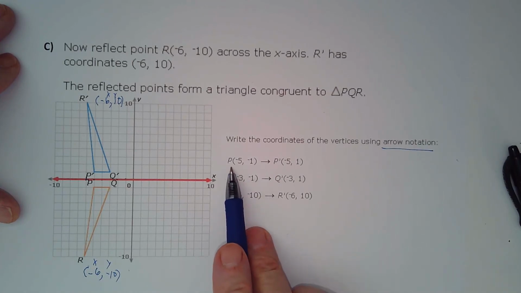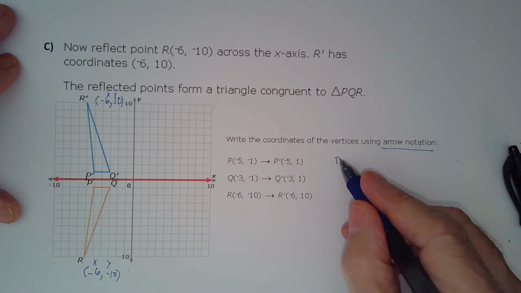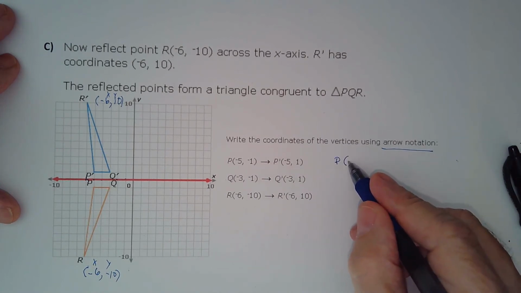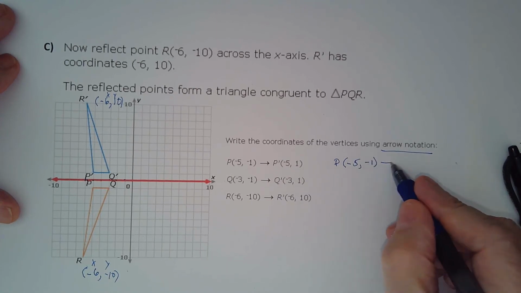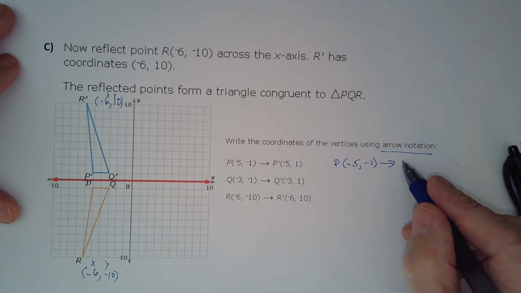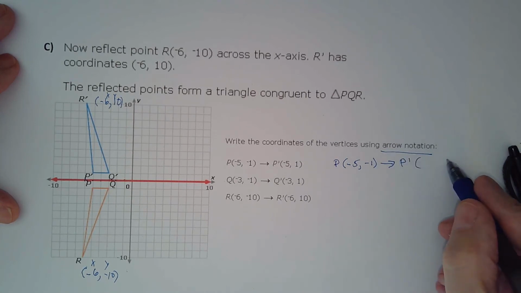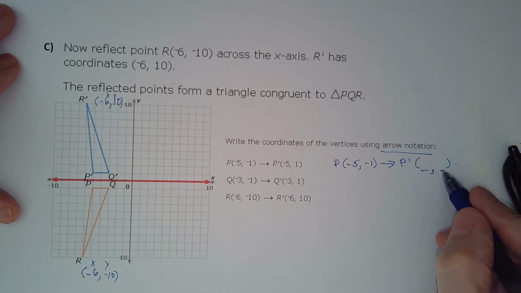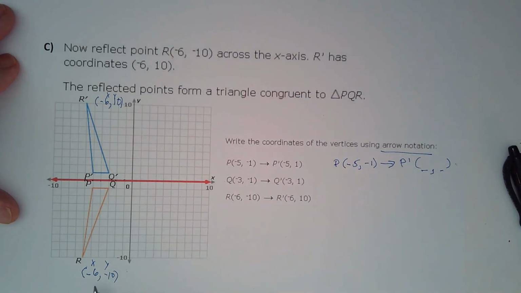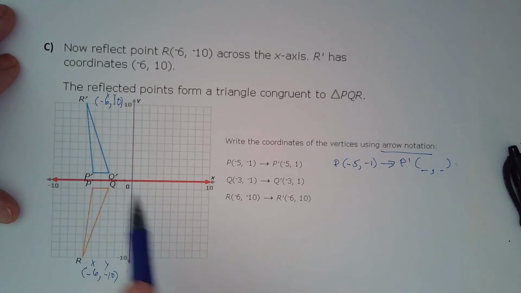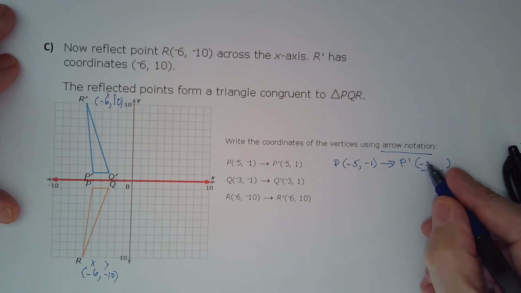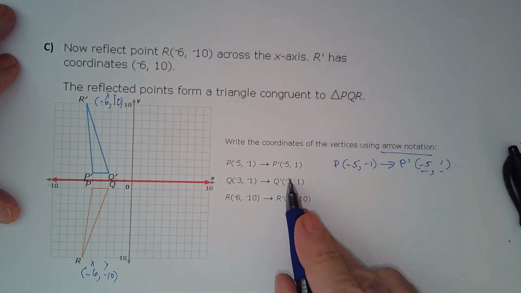So you say point P, and the way this would originally look is point P, and then there are its coordinates, -5, -1, and it's taking you over here to point P prime, and that you have to fill in yourself. So point P, we said was -5, -1, so going up to here, point P prime is -5, +1. And so there it is.